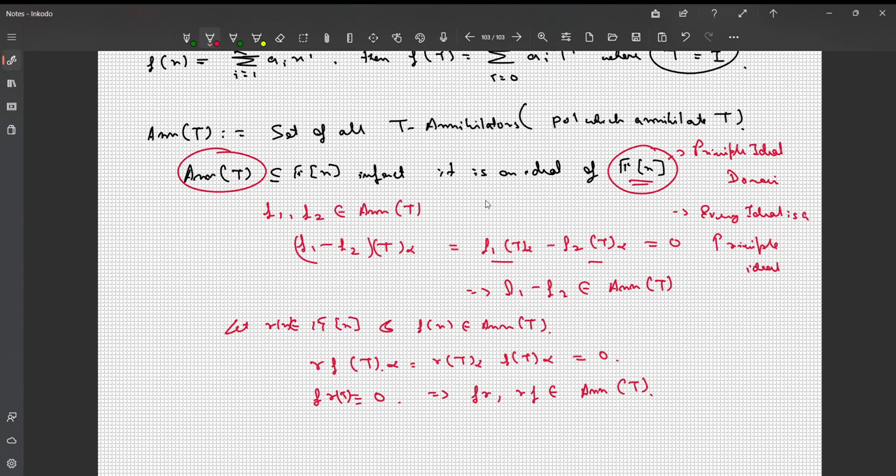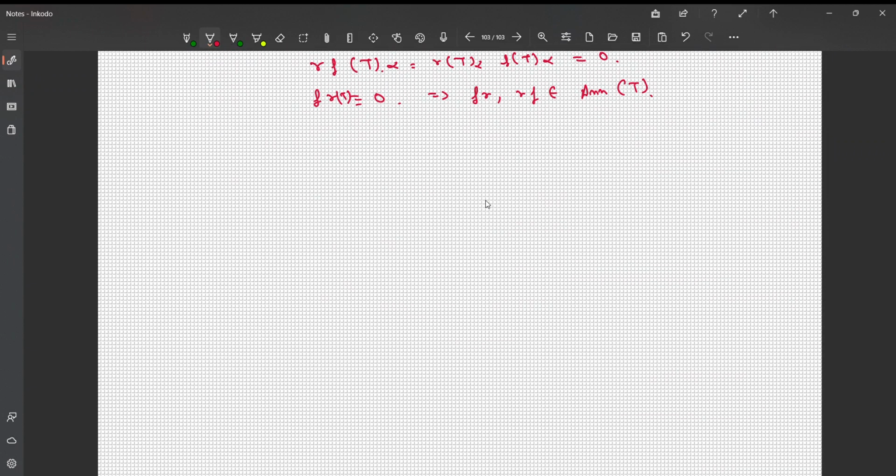Because if we have a finite degree annihilator of T, then we can consider the monic generator of the ideal Ann(T). So let's come up with that. Okay. If I consider an example of such an annihilating polynomial, it's the characteristic polynomial.